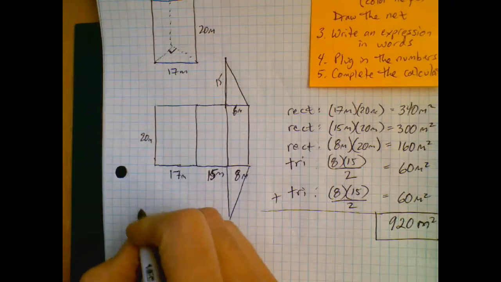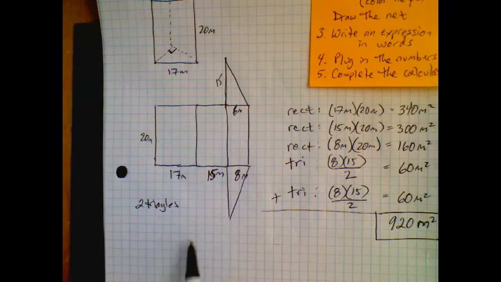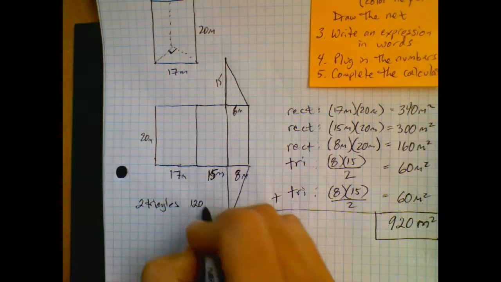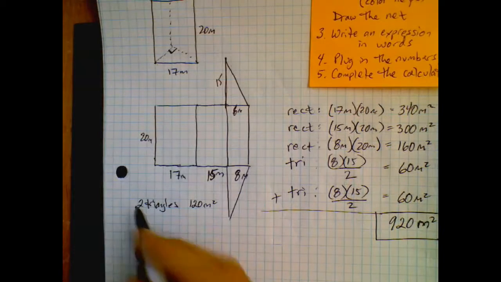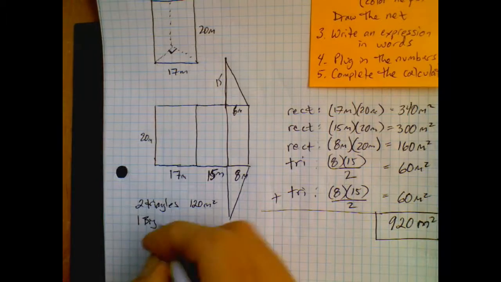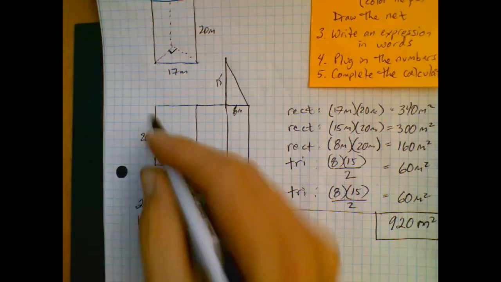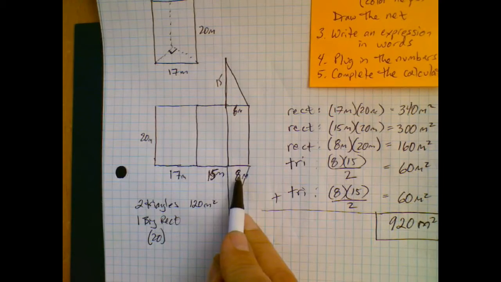We have the two triangles, right? And from there we saw that those two together are 120 meters squared. But we also have this one big rectangle. And so one large rectangle would be what?